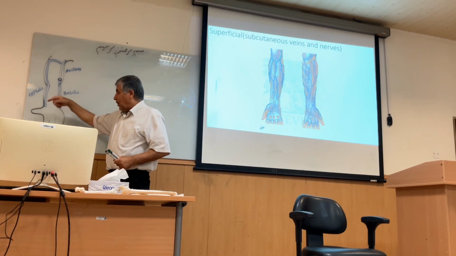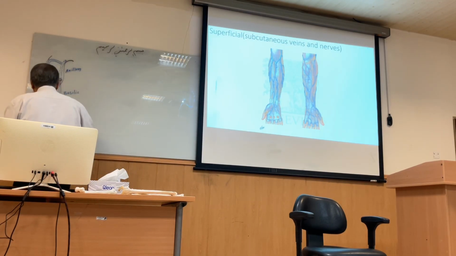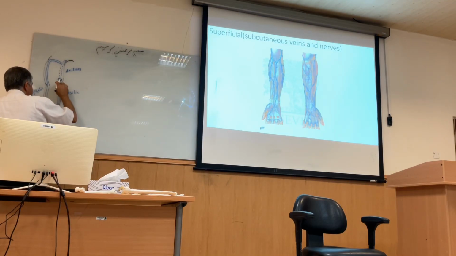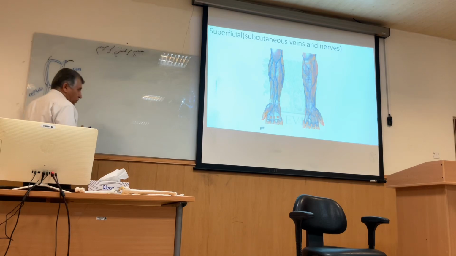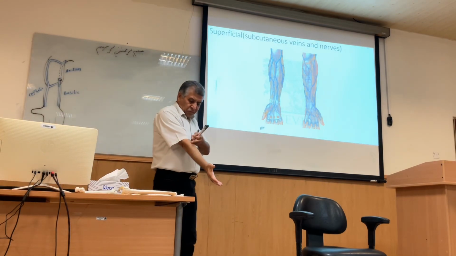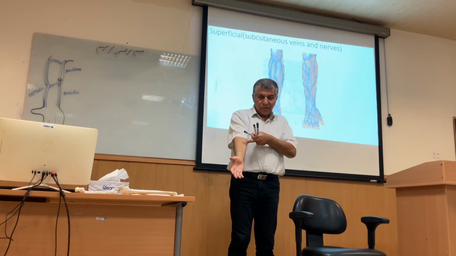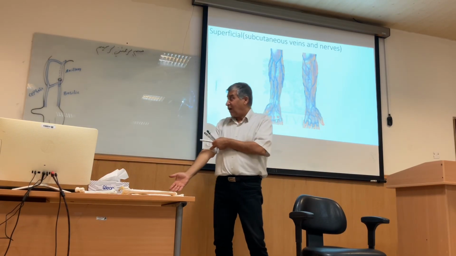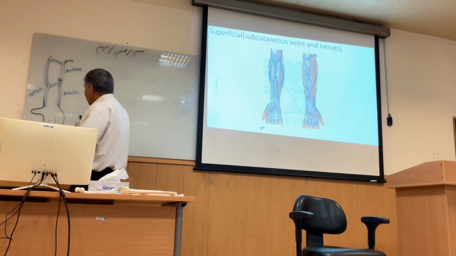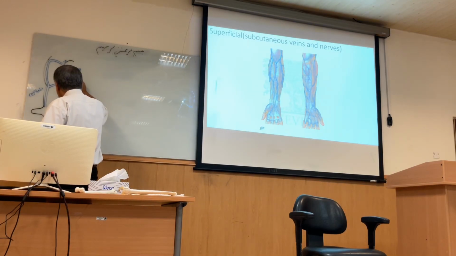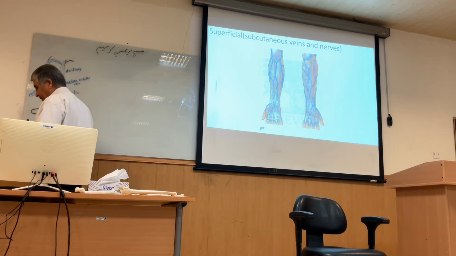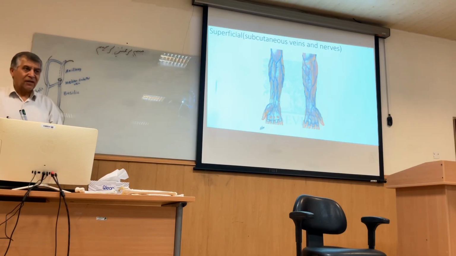Anterior to the elbow joint, there is a connection between cephalic and basilic vein. This connection is called median cubital vein. Okay?